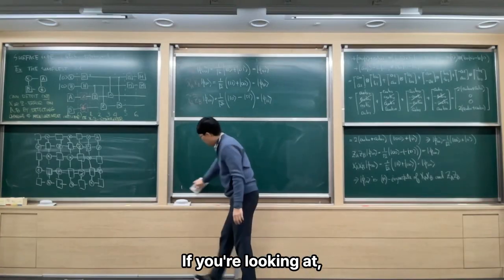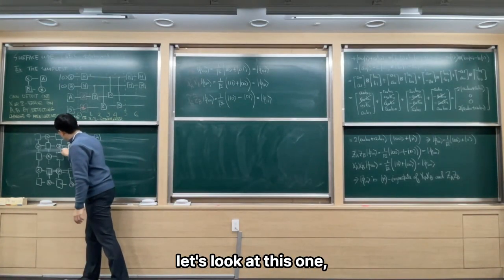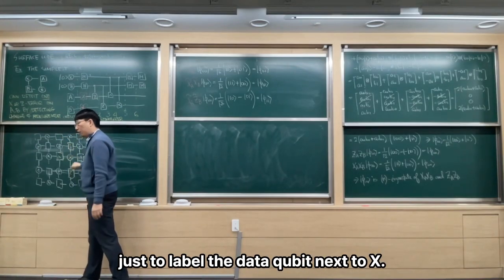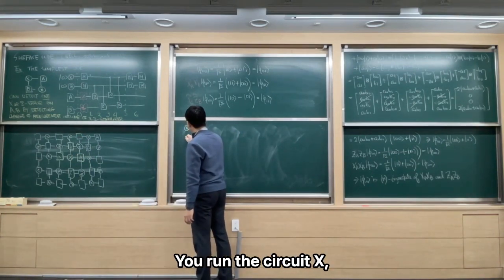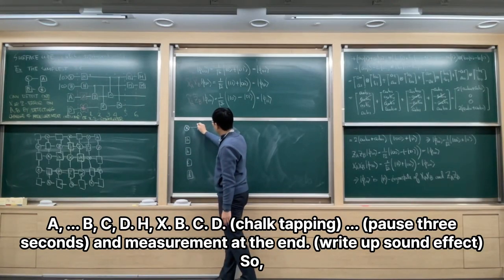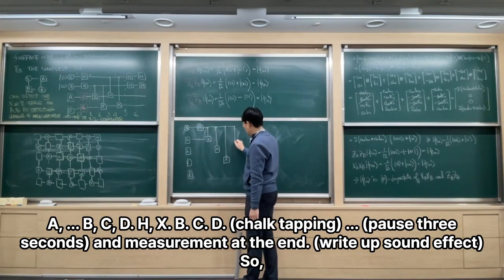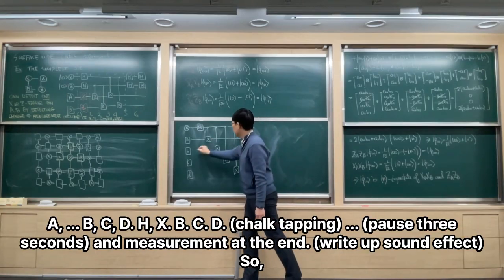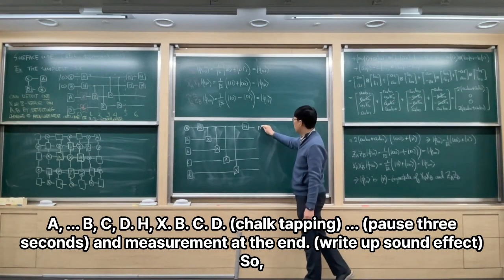If you look at one particular stabilizer, let's look at the one in the middle, and label the data qubits next to X as A, B, C, D. You run the circuit X, A, B, C, D, H, X, B, C, D, and a measurement at the end.